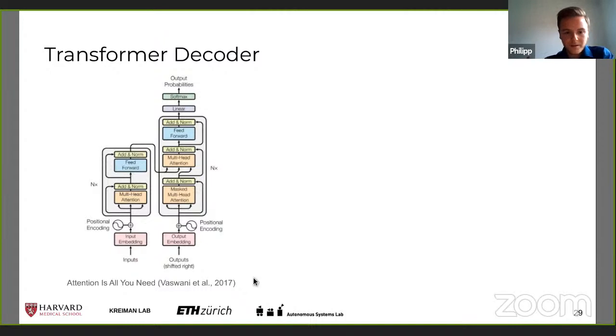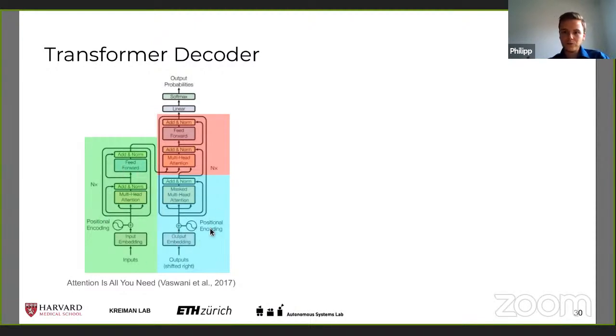For those who are not familiar with it, it should suffice to say that we can think of the green and the blue parts here as two streams of information, and those are then combined via this multi-headed attention mechanism in the decoder part.